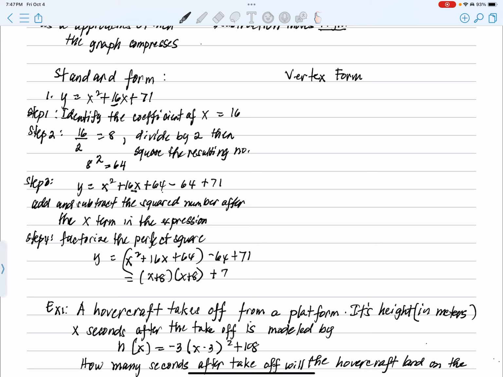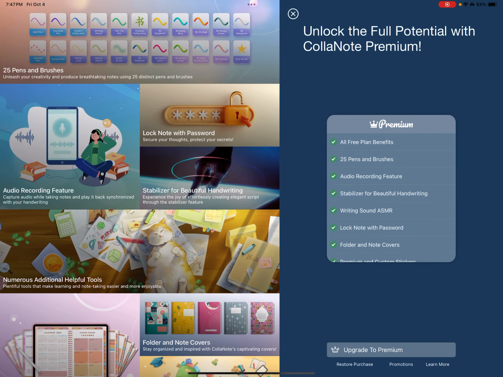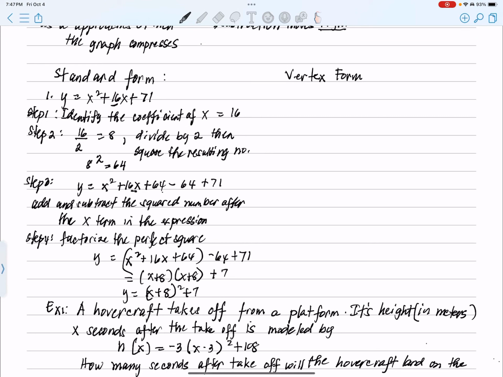Or we can write this down as x plus 8 squared plus 7. This is the vertex form. So here, the vertex form is y equals x plus 8 squared plus 7.